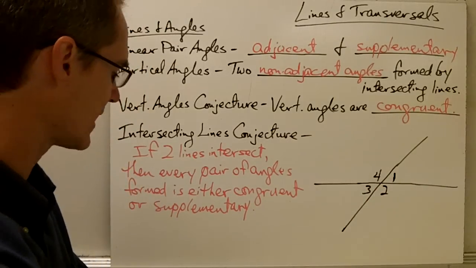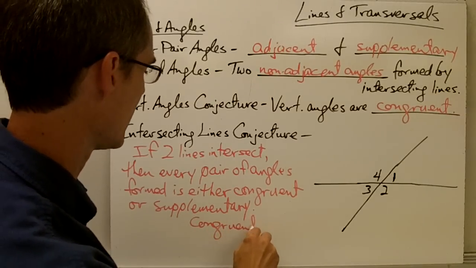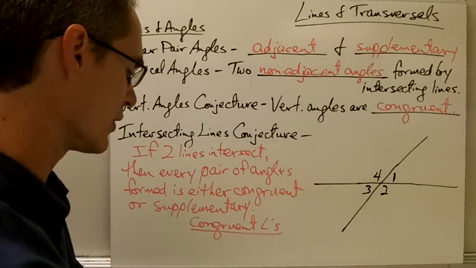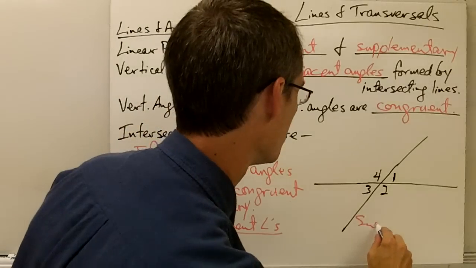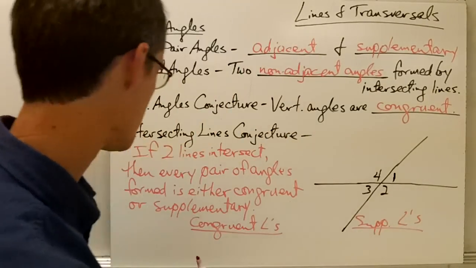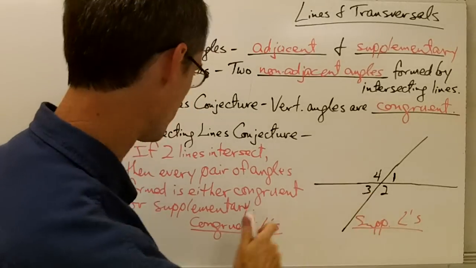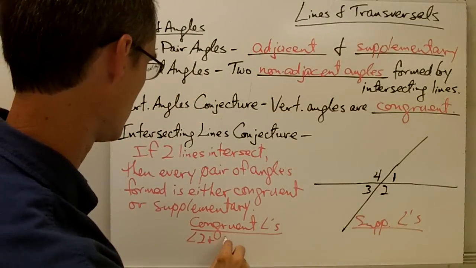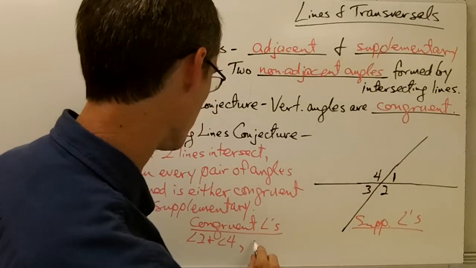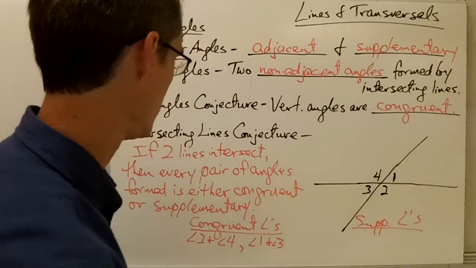So let me write down here my pairs of congruent angles and my pairs of supplementary angles. My congruent angles are going to be all my pairs of vertical angles. So angle 2 and 4 are going to be congruent, and angle 1 and angle 3.